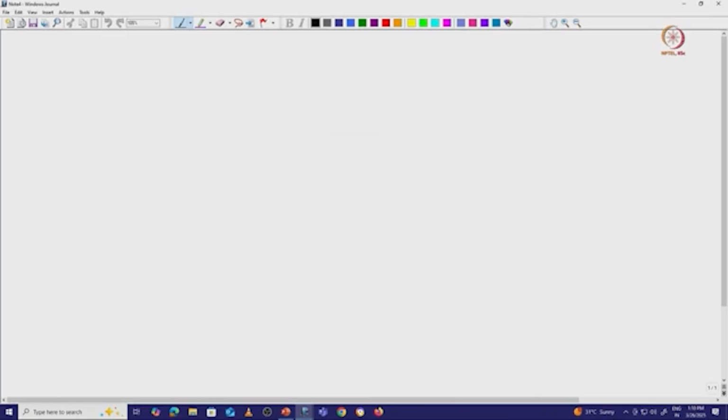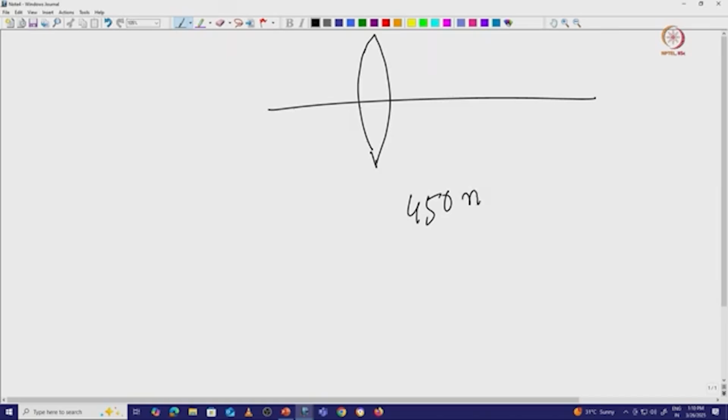So if we have a glass lens here, and this is our optical axis, we all know that we already discussed visible light, with wavelength from 400 nanometer to 750 nanometer. Within this range, what rays are there?